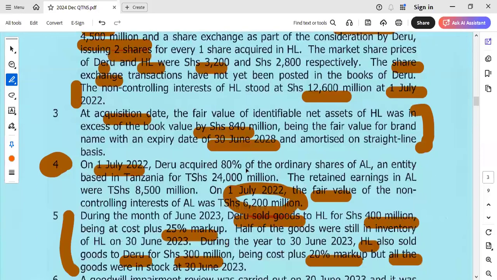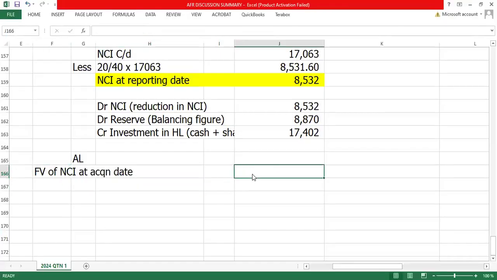We had translated it. It was 6,200. It was 6,200 times 1.58. And you got how much after translating? 9,796.